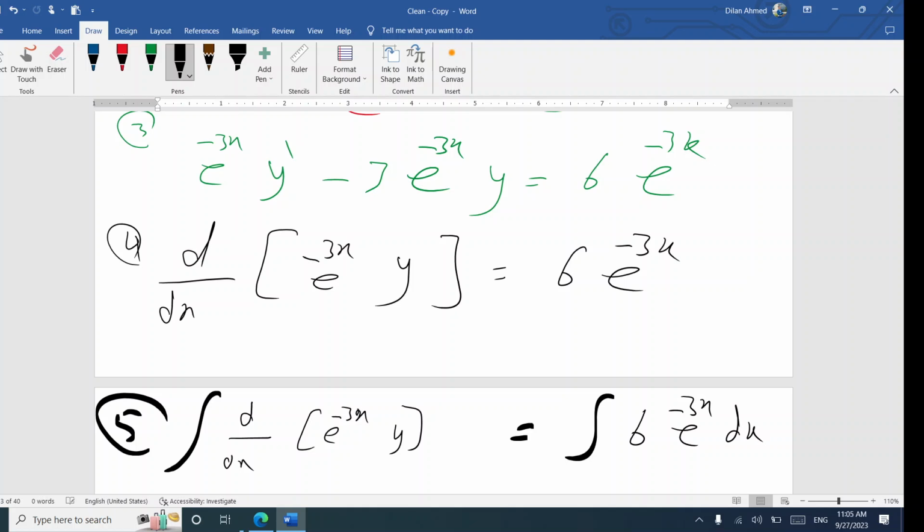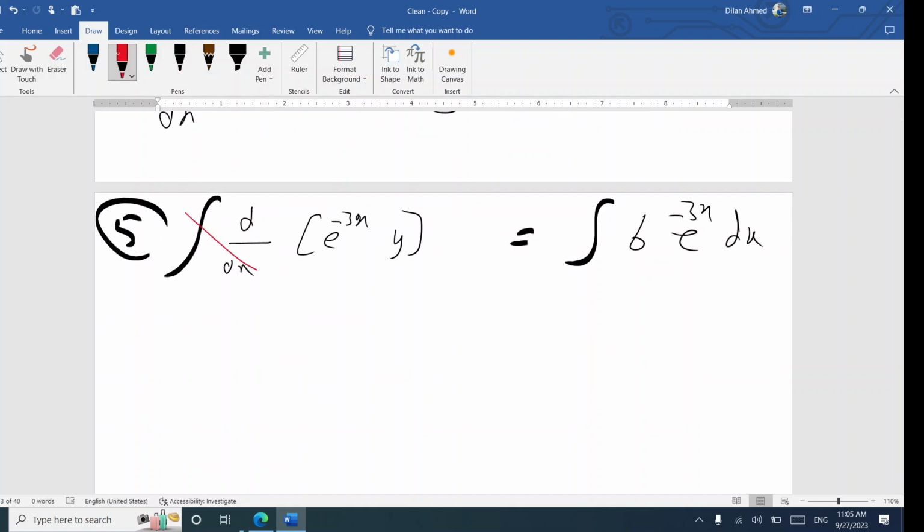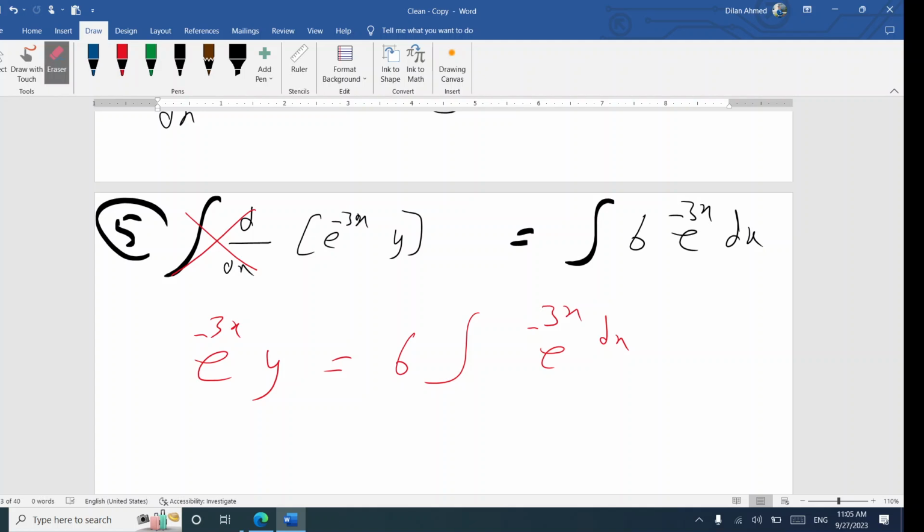Left side will be what? I just leave the integral factor and y. So the integral of e to power minus 3x dx is equal to e to power minus 3x itself, plus c.